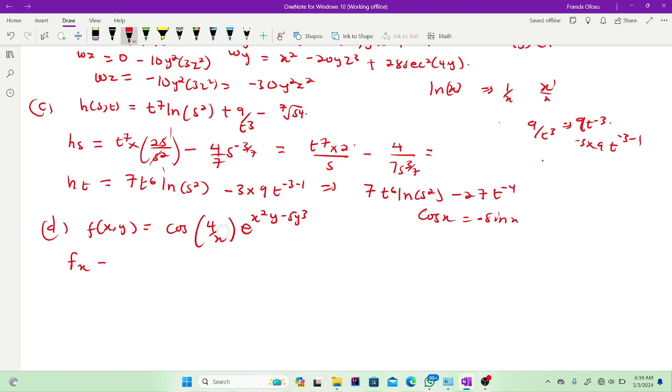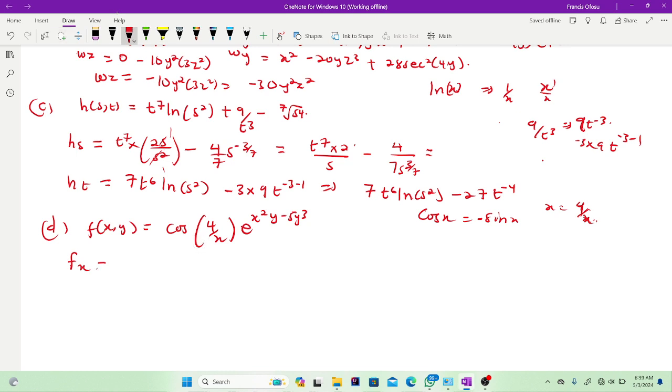But now it's not cos x alone, it's 4 over x. Once it's 4 over x, you have to find the argument, so you also have to do the simplification in here. It becomes a chain rule, so you differentiate the entire function and also differentiate what I have inside.